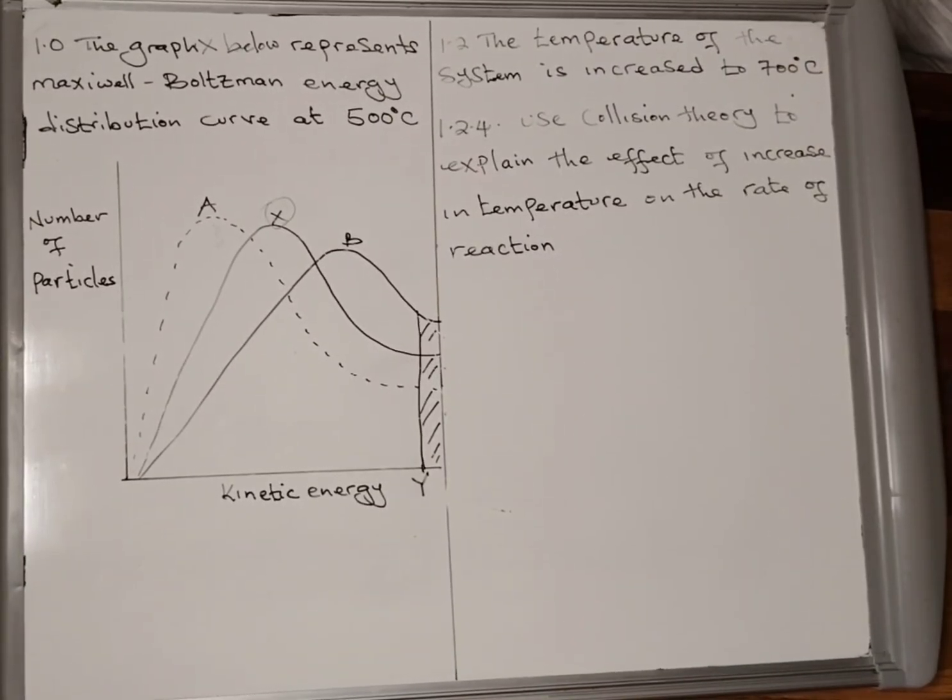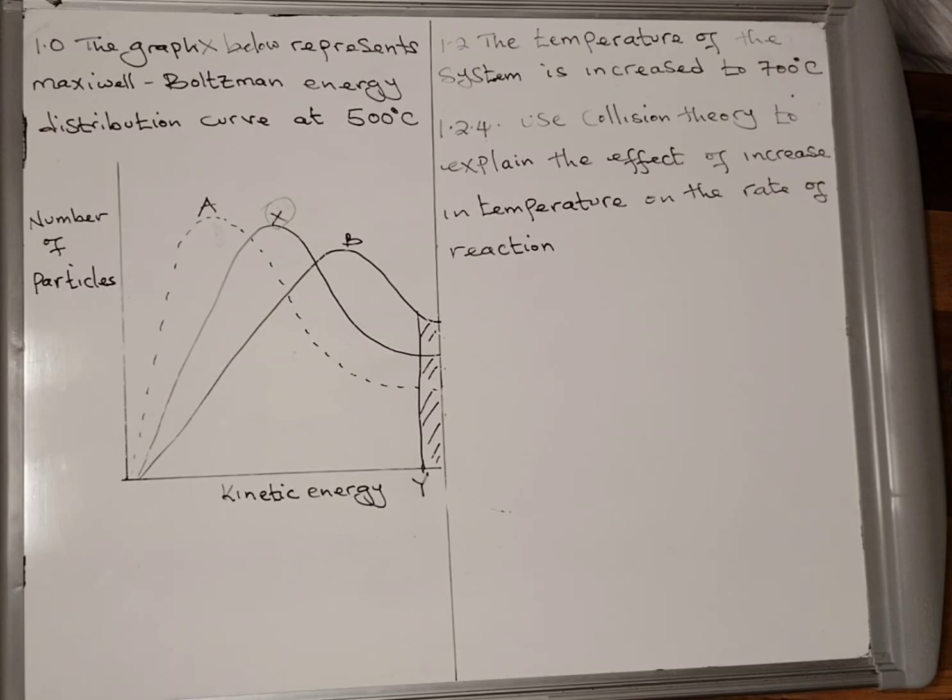Then comes this question. It says, use collision theory to explain the effect of increase in temperature on the rate of reaction. So already we know that when temperature increases, the rate of reaction will increase.